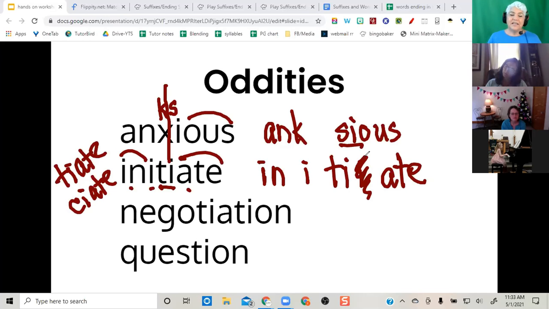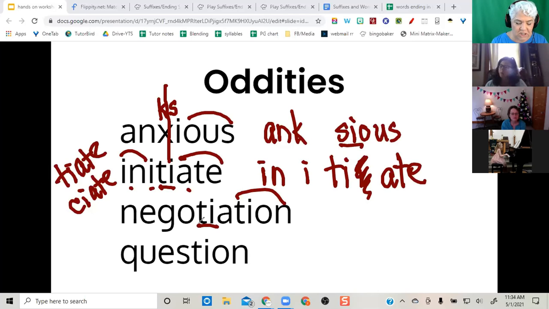So when you're at this level, you tell kids to be aware of the T-I-A-T-Es or the C-I-A-T-Es or the shuns: initiation, appreciation, depreciation, all of those words. Sometimes the T can say sh all by itself. So in here, I see a suffix.